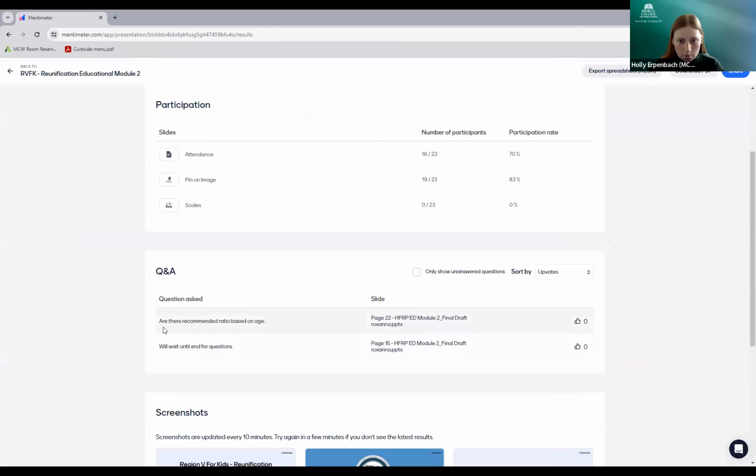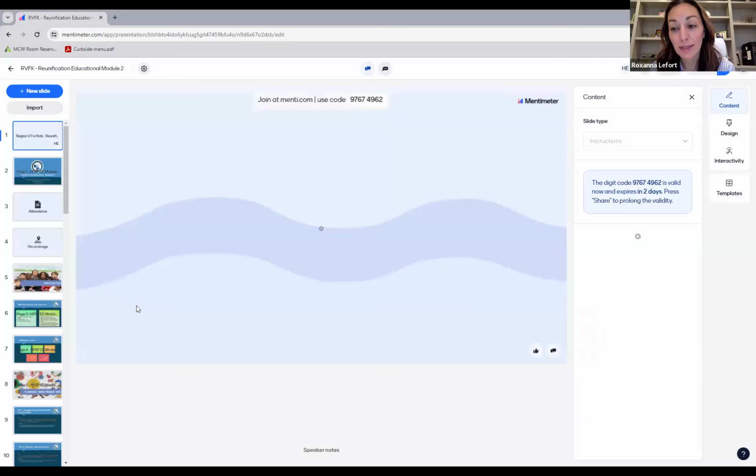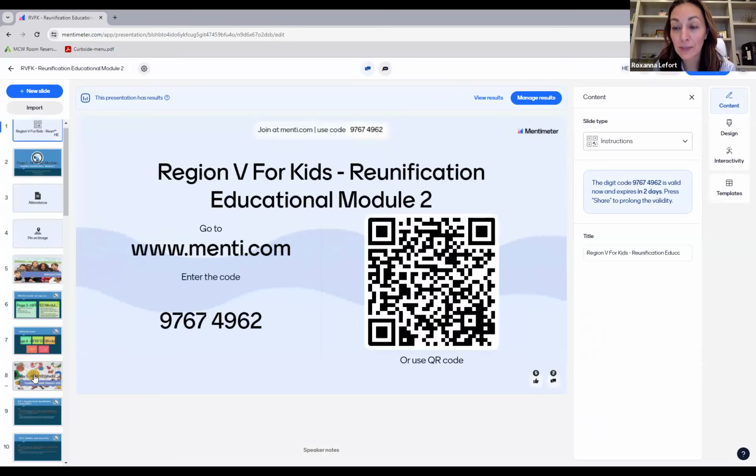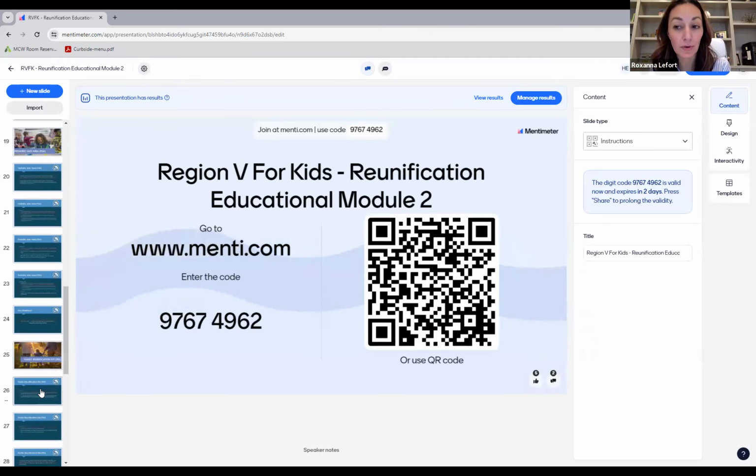Are there recommended ratios based on age? So there are recommended childcare separations based on age and ratios in that aspect. I would say to follow those.